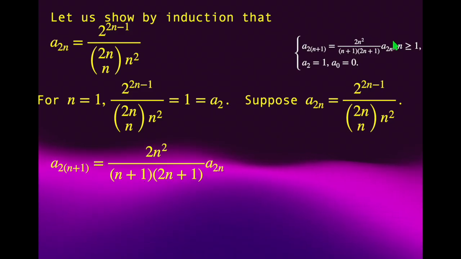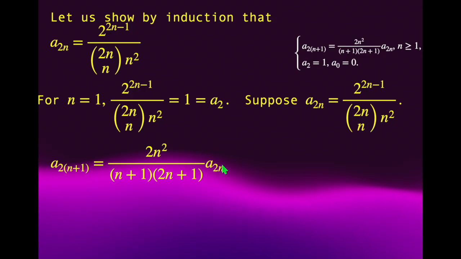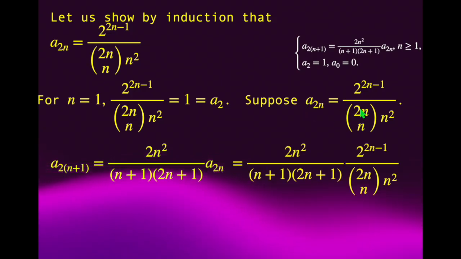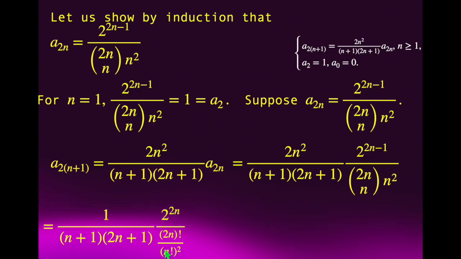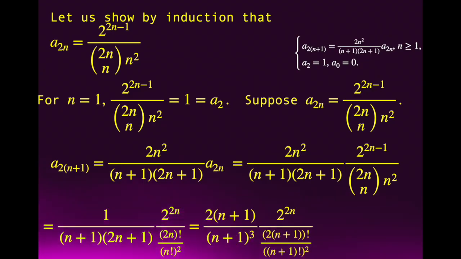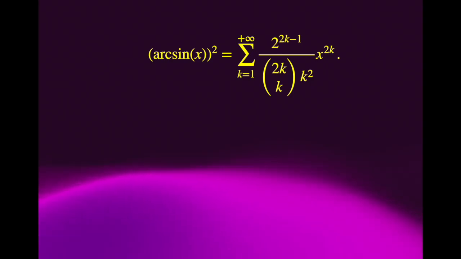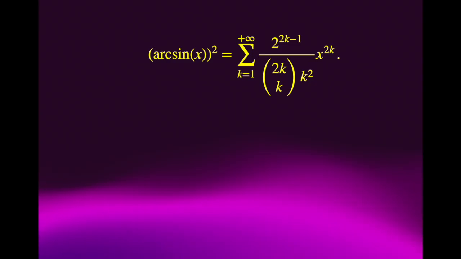So we use this formula, we replace a_{2n} by this formula, and we write things in the right way to get the desired formula. So we simplify and we get what we want: the power series expansion of arcsin x squared.